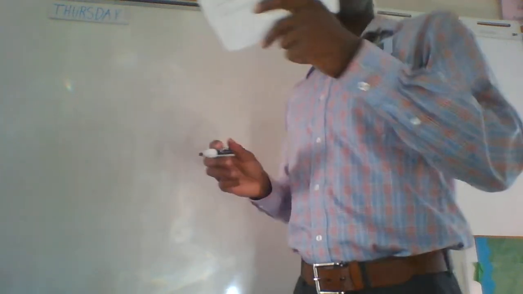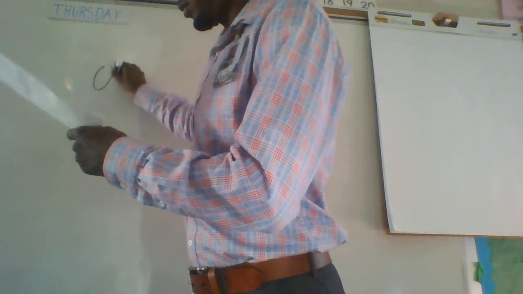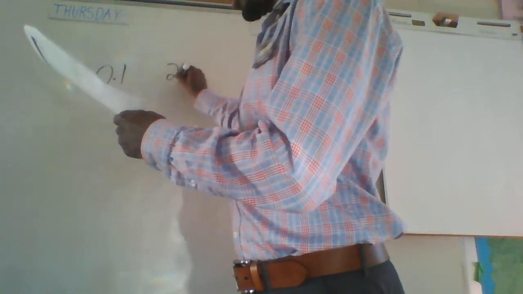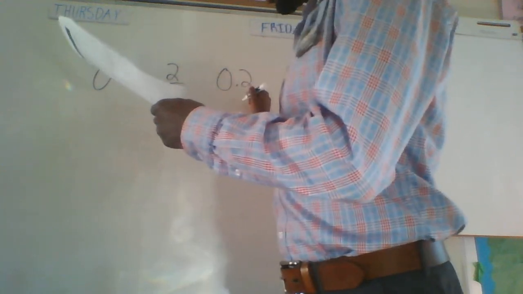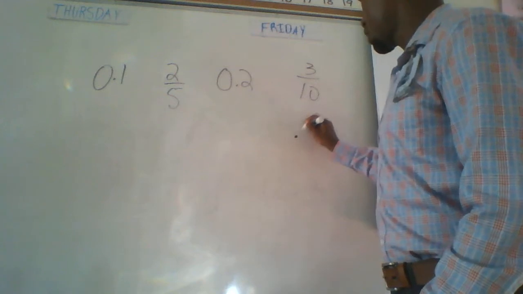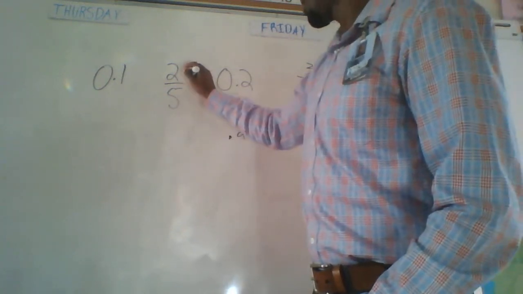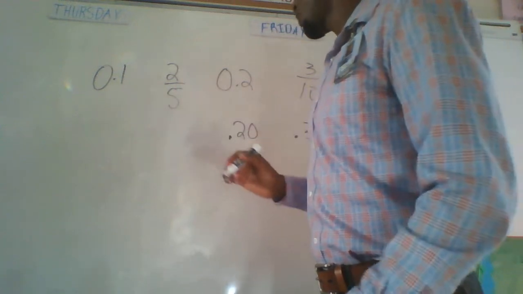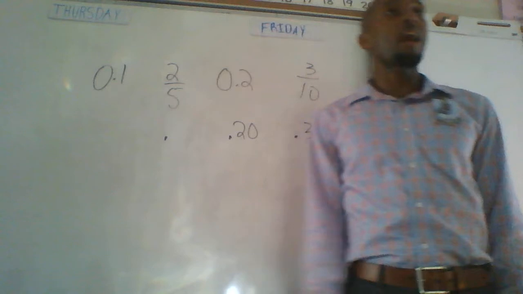Let's see. We got 0.1, 2/5, 0.2, and 3/10. Okay, so we know this is 0.30. This is 0.2. 2/5, remember what I said?